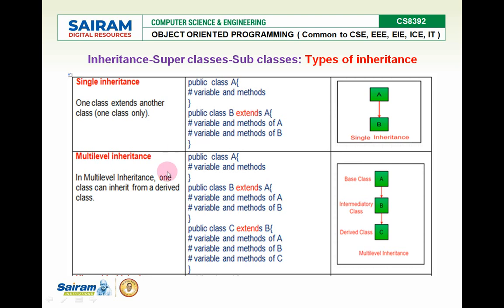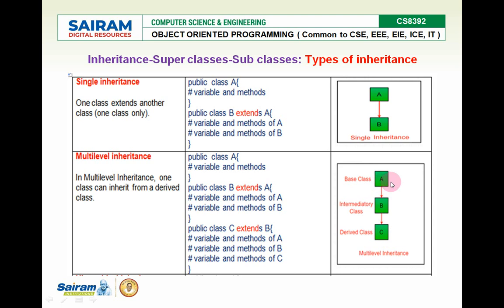The second category is multi-level inheritance. You can see over here, this is the base class, this is the derived class. From this derived class, one more derived class is acquired. From A, B is getting properties, from B, C is getting properties. Hence C is getting A's properties also.